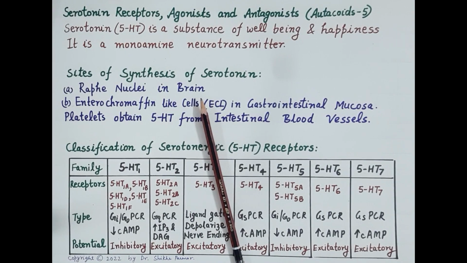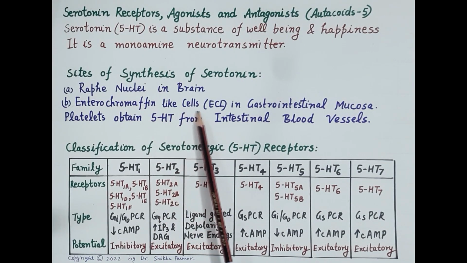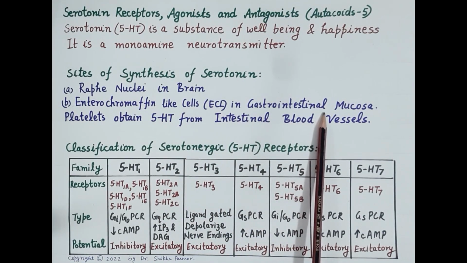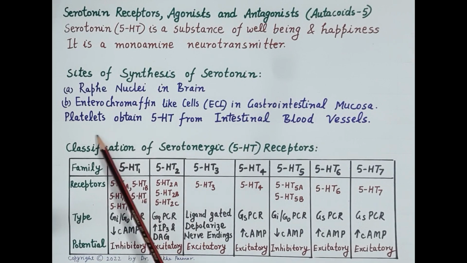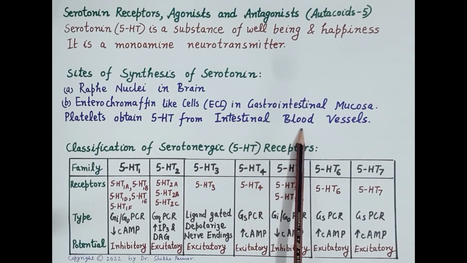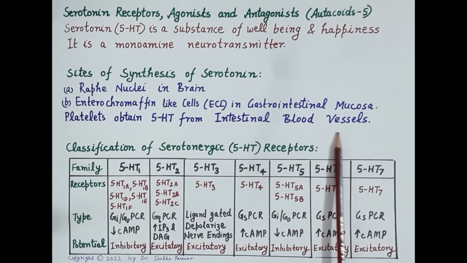The majority of serotonin, around 90%, is synthesized in the gut, and it is stored in the enterochromaffin-like cells in the gastrointestinal mucosa. Platelets do not synthesize 5-HT, but they obtain 5-HT from the intestinal blood vessels, as 90% of 5-HT is present in the gut.